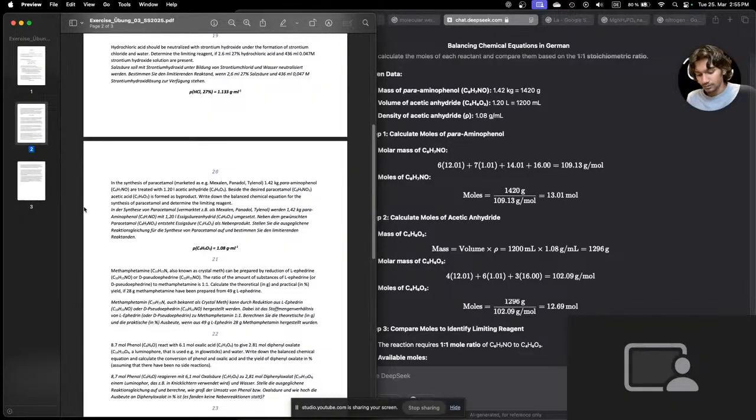So I got to convert liters to milliliters, which would be 1.20 into 10 raised to 3, which gives mass equals volume into density, which gives 1.20 into 10 raised to 3 into 1.08, 1.20 into 1.08, 1.296, which gives 1,296 grams.